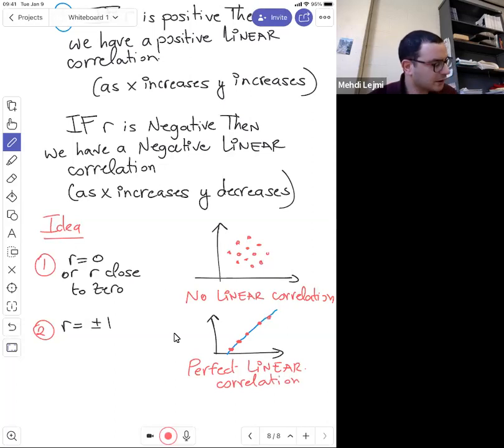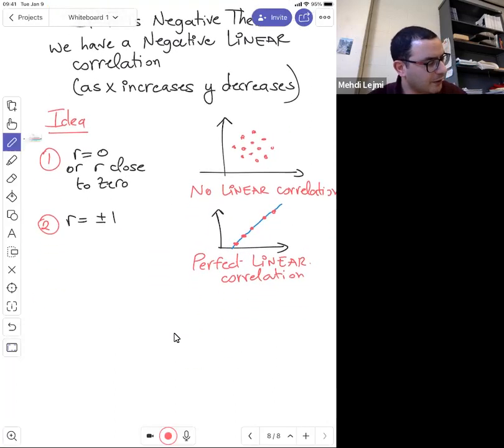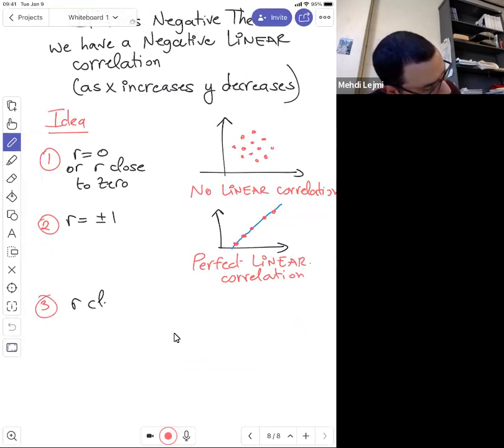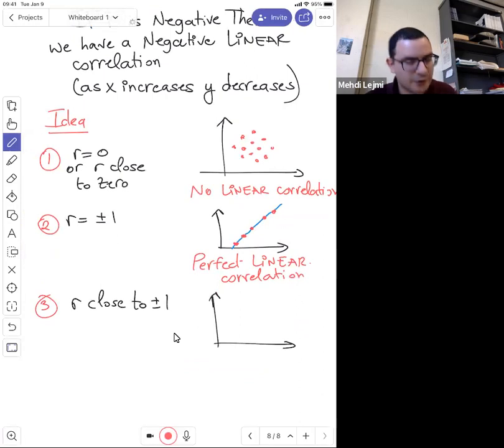Now, if you are close to positive or negative 1, then it's not perfect, but you still do have a linear correlation. The scatter diagram would look something like this.